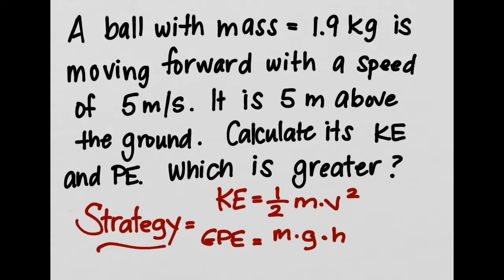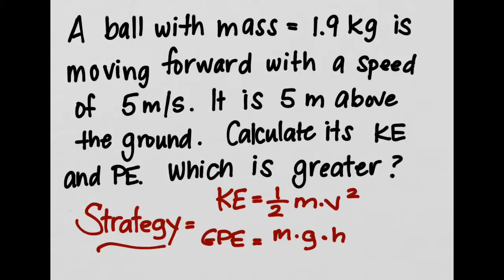I've written both of the equations that we have from Apex about KE and then gravitational potential energy. Remember that later we are going to be talking about chemical potential energy. So I always put the G in front so I don't wind up confusing myself later. To be able to answer these, I need to know the mass, the velocity, the force of gravity on Earth, and the height.